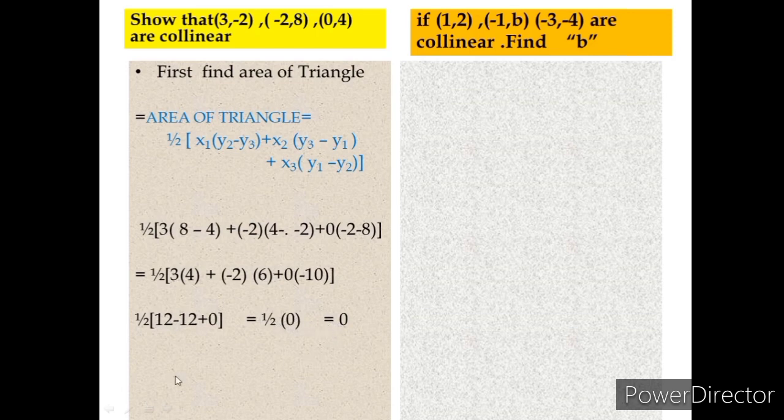Then what you can conclude here, the value of the area of the triangle is 0. That means area of the triangle equal to 0 means a triangle cannot be formed. So when the triangle cannot be formed, the 3 points lie on the same line. Therefore we can conclude that you have to write down first of all area is equal to 0.